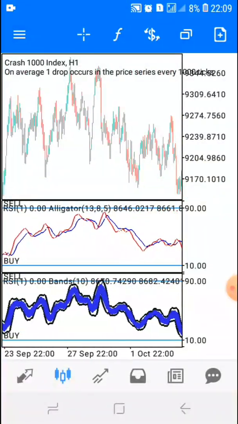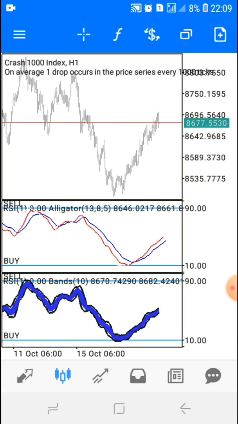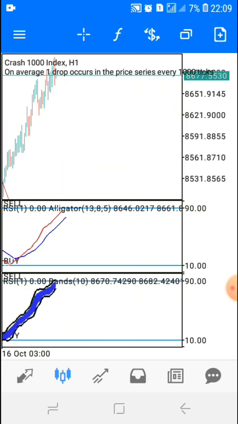For example, if you see a breakout, okay, you can see over here. Let me show you guys. Zoom in. Look at that.